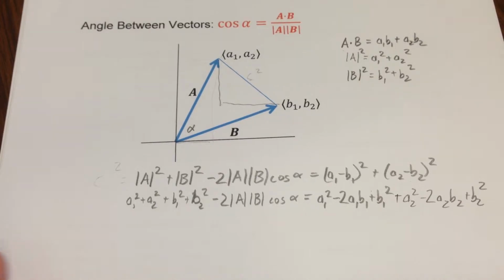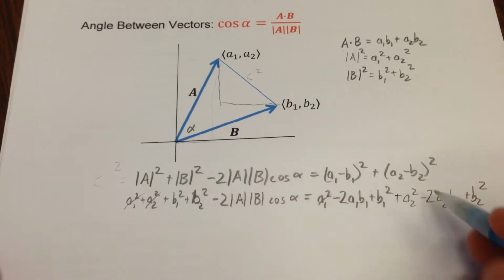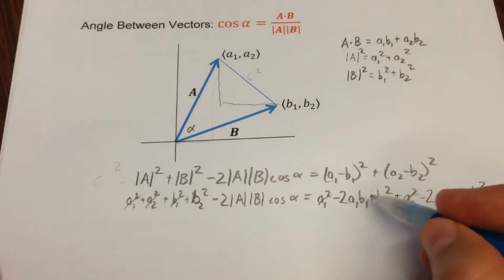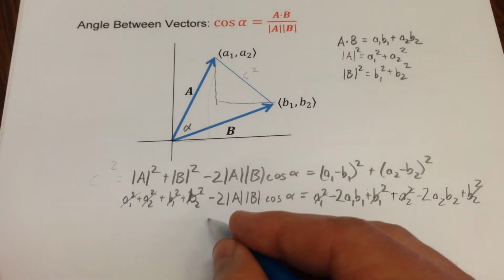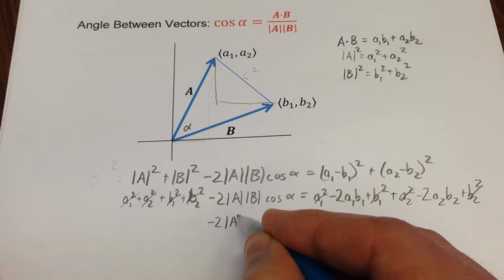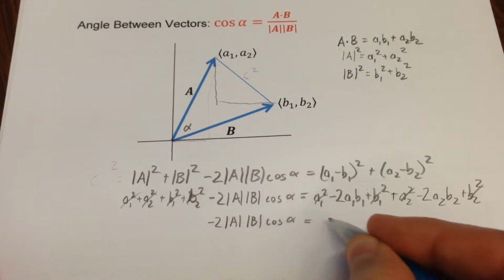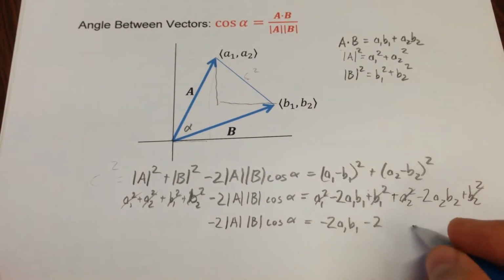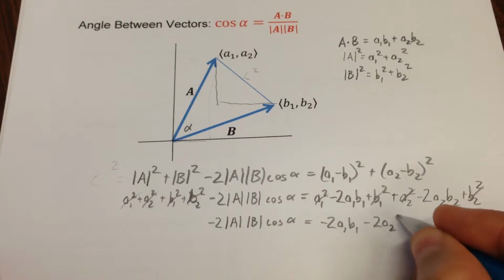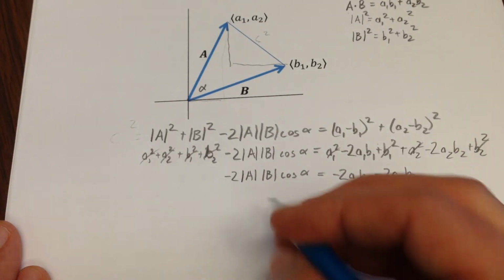Okay. So now a bunch of stuff cancels, luckily. Both sides have an A1 squared, both sides have an A2 squared, both sides have a B1 squared, both sides have a B2 squared. That makes life a lot better for us. We have negative 2 magnitude of A, magnitude of B, cosine of alpha equals negative 2 A1 B1 negative 2 A2 B2. Looks like we have a lot of negative 2's. Let's divide by negative 2.